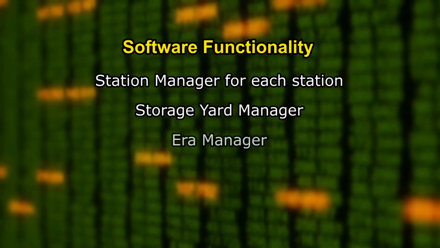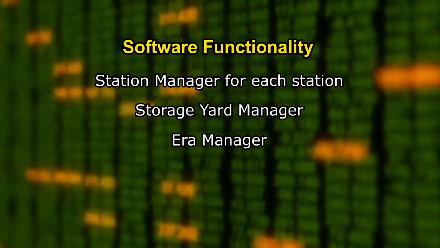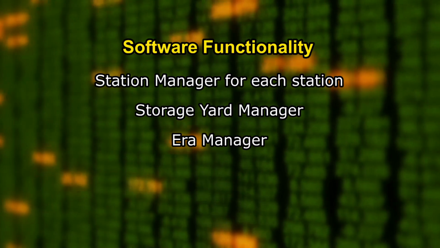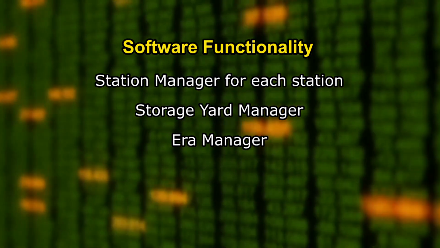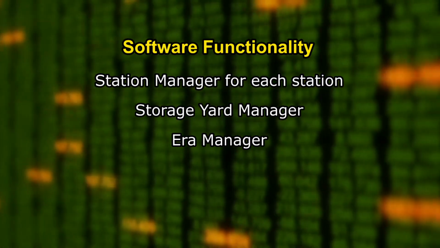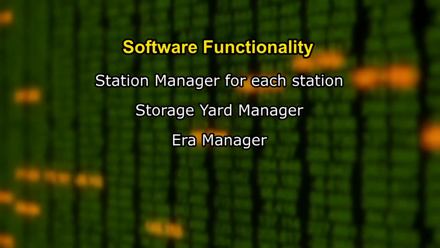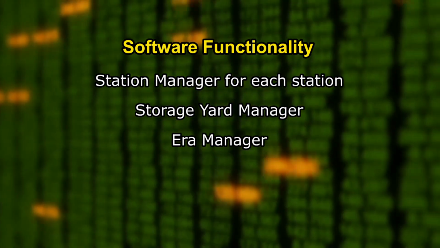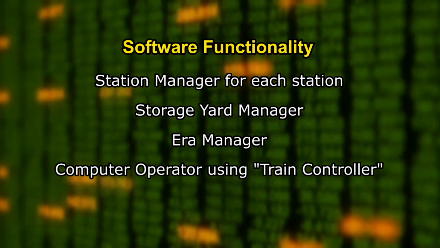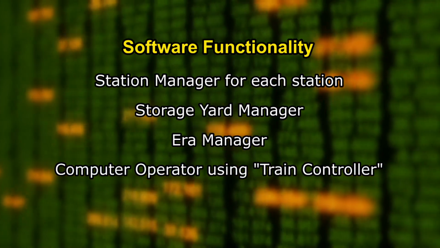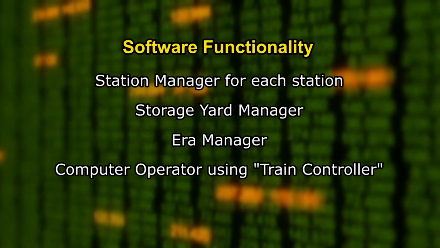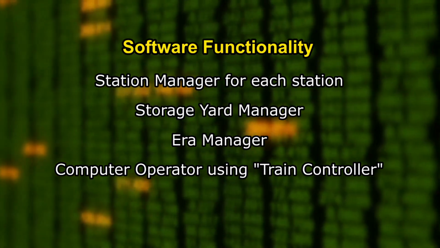And then we have an era manager whose job would be to bring trains out of the big storage area onto the operating layout and to take trains from the operating layout into the storage area as they become time expired. The system also has to feed information to the operator or train controller so that he can prepare the trains for the computer system that actually runs the layout on a day-to-day basis.